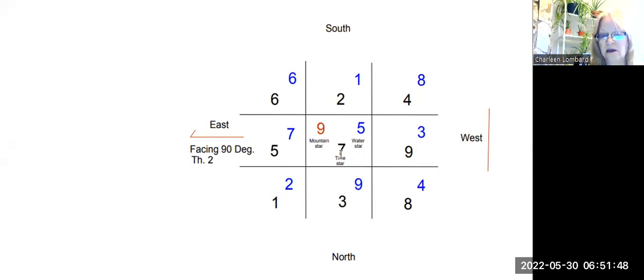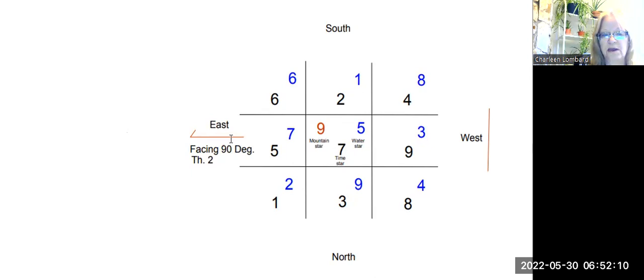Then deciding on the period of the direction of the house, in order to put the numbers onto the diagram on the layout of the house, you have to follow this chart. This is the way I follow the chart.